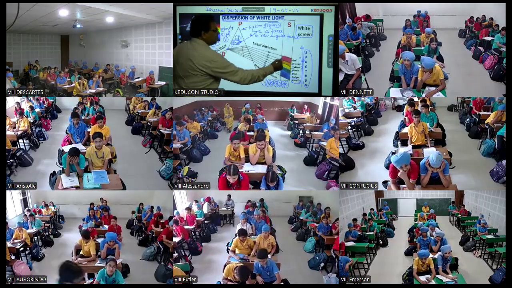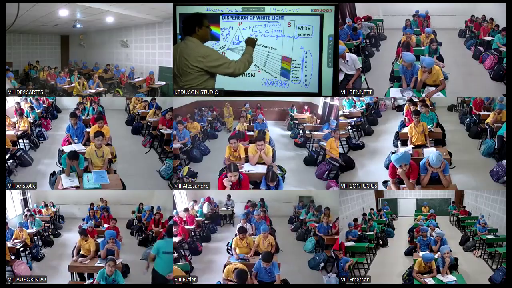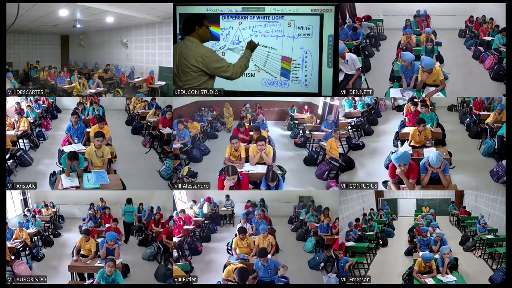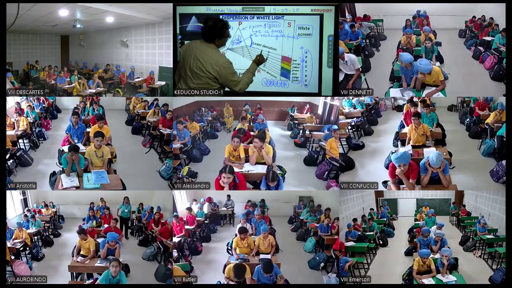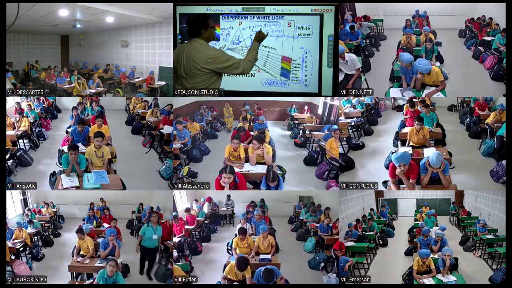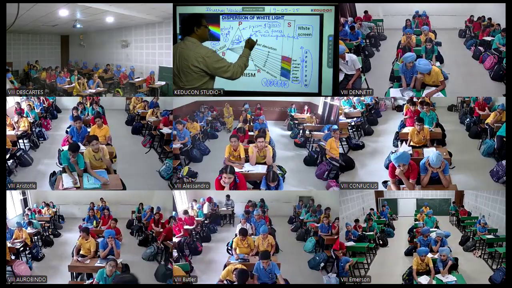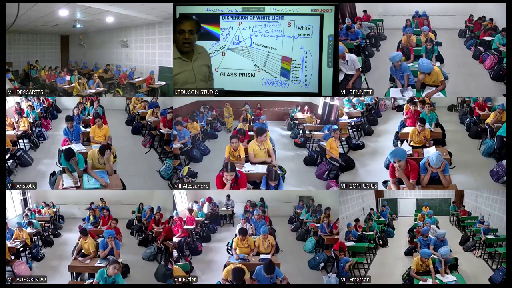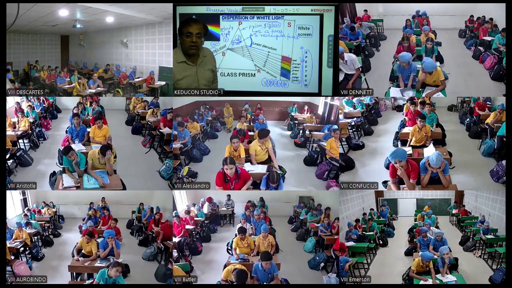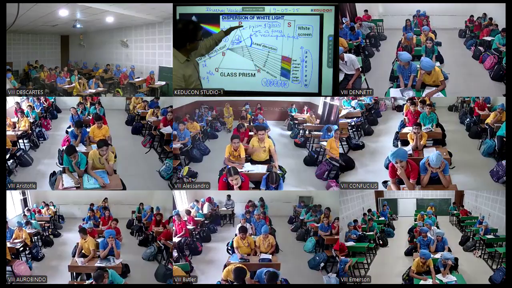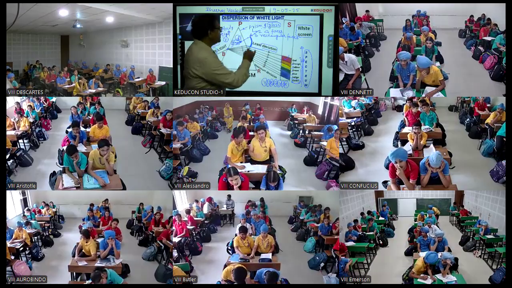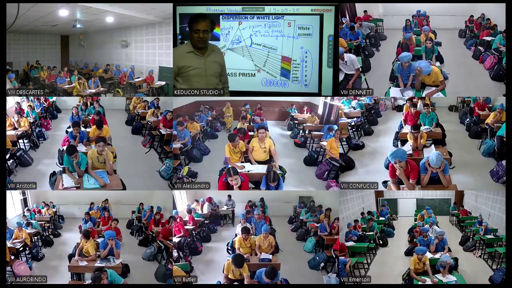So if I ask about the red color, red color is deviated by this particular angle. The angle between the red ray and the original direction of white light is known as the angle of deviation of red color. Deviation means bending by a certain angle. Which angle? Angle of deviation.